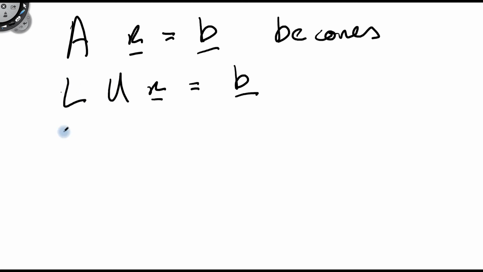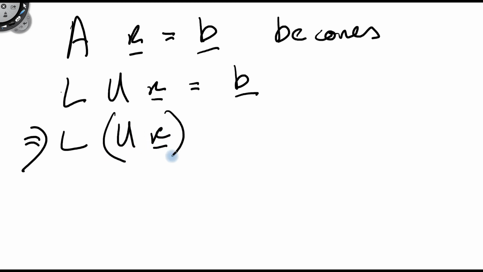And let's just rewrite. Of course, you know how matrix multiplication works: you do the ones on the right first, and then the next one. But let's make that explicit. That means we do the U multiplication first, and then an L multiplication equals B.